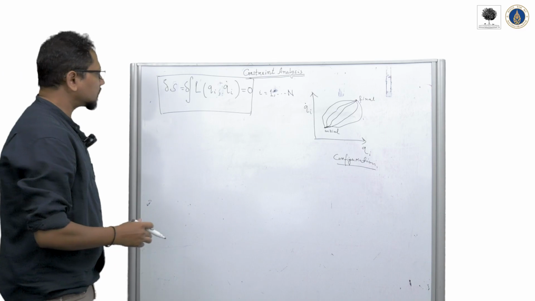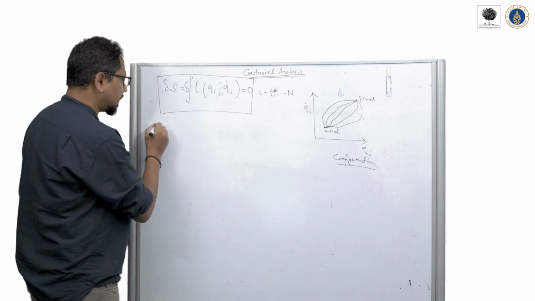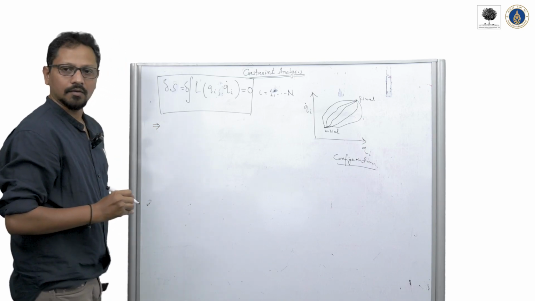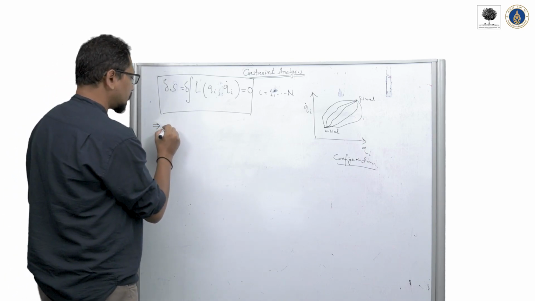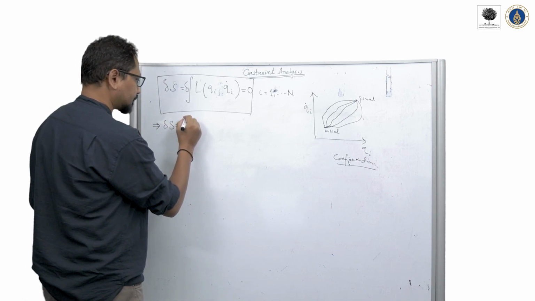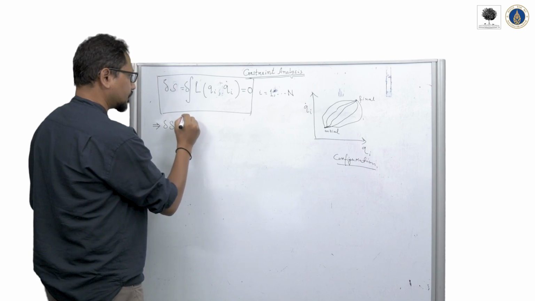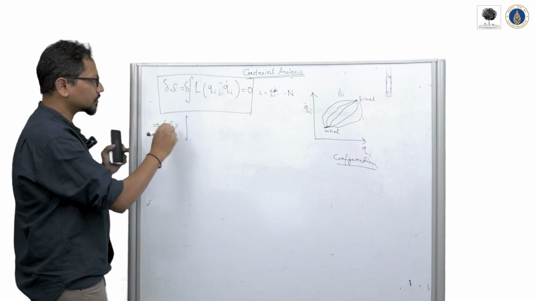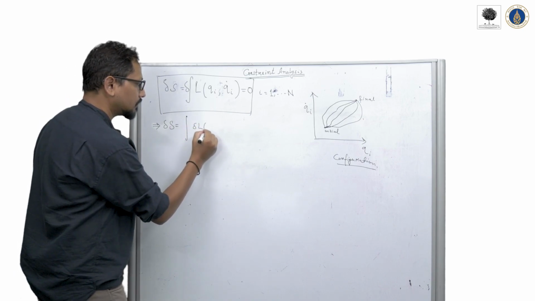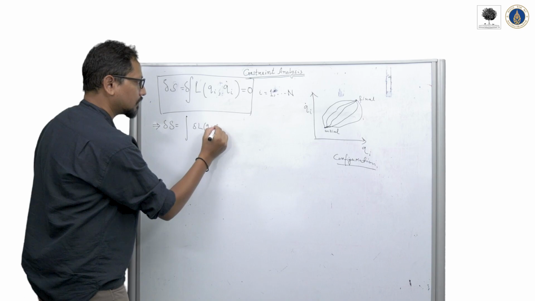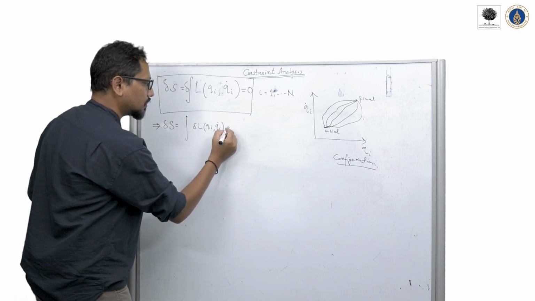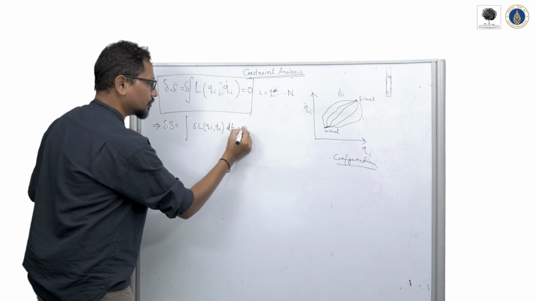Now let us see what it implies. What I am going to do is derive the Euler-Lagrange equation. So delta S: the delta variation commutes with this integration sign, so I can take it inside, delta L, equal to the integration, equal to 0.